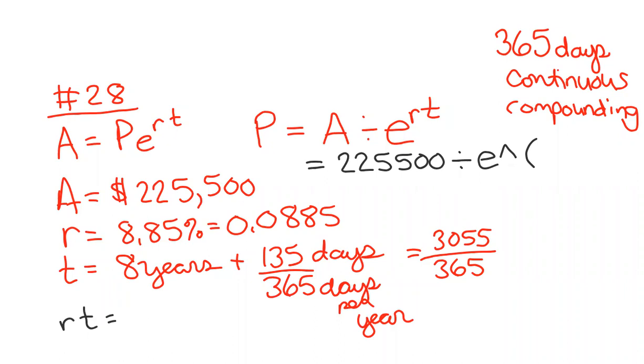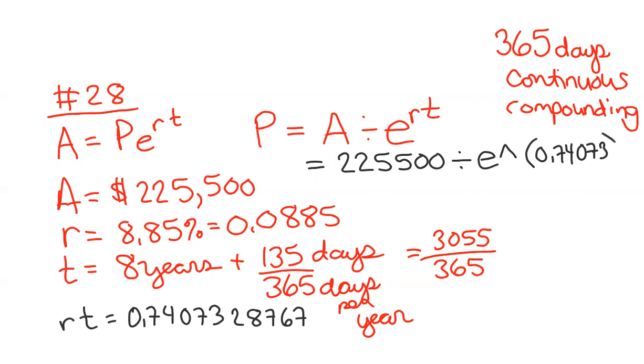I get 0.740732867. And so I hesitate rounding it at all. If you do, you should have at least 5 digits of significance. Let's see if that gets me close enough to the answer.